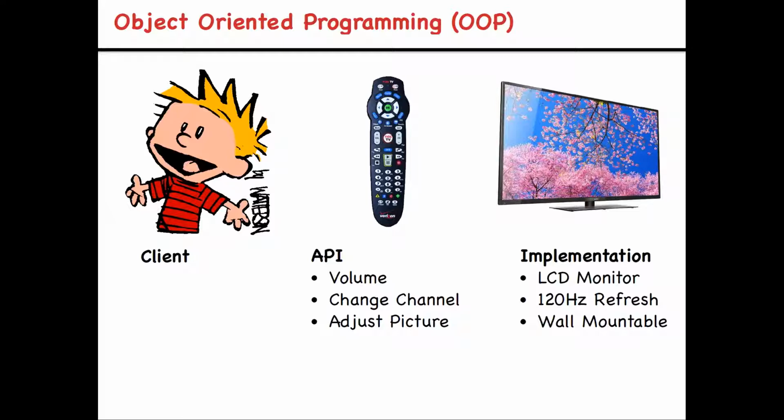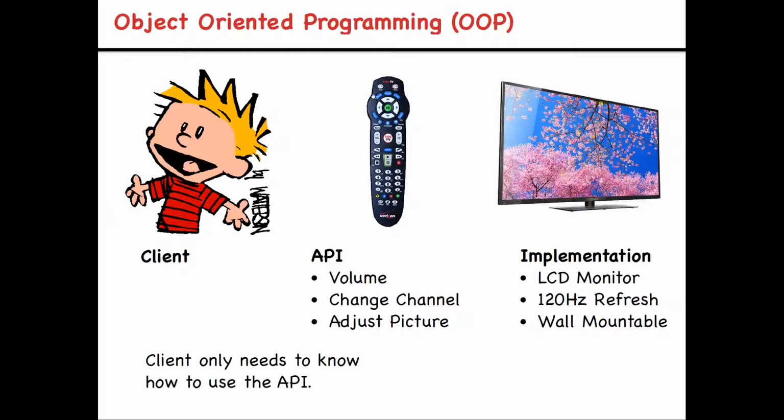Following this idea of abstraction and encapsulation, he shouldn't need to know about how the TV was implemented. He shouldn't have to know the specifics of the refresh rate and the physical characteristics, like if it's wall mountable or not, or what type of monitor it is, or any of the other myriad of properties that a TV has. He should only have to know how to use the remote control.